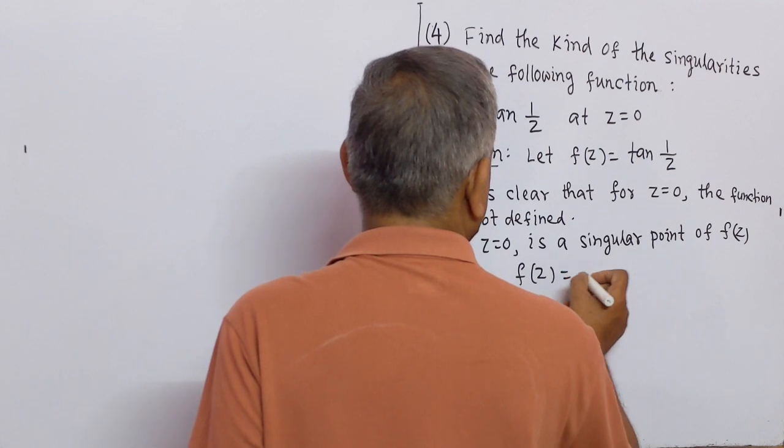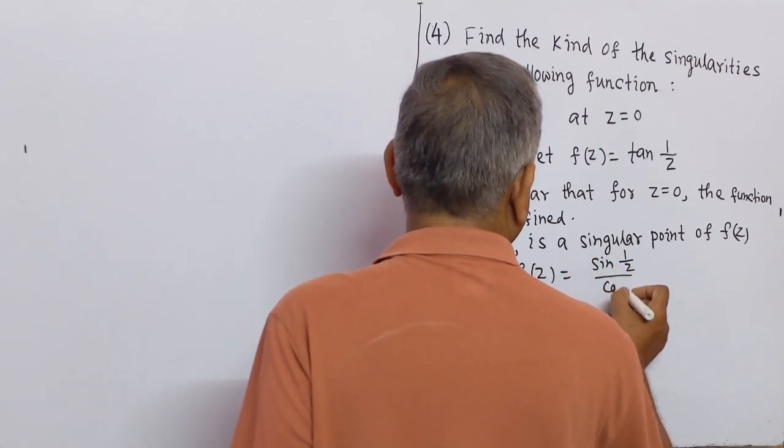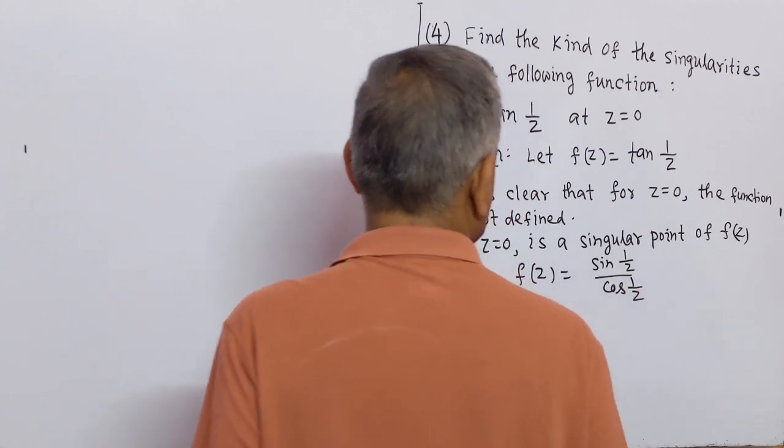f(z) equal to sine 1 by z by cos 1 by z.